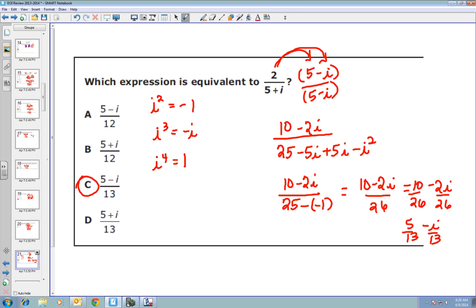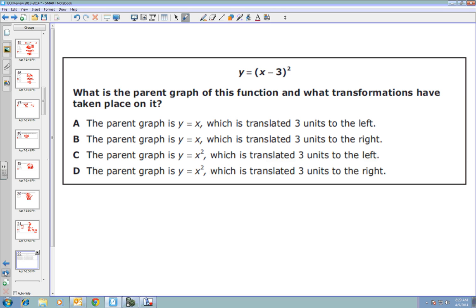All right, next one. They're going to start talking about graphs and parent graphs. What is the parent graph of this function and what transformations have taken place on it? So look at this one. When I graph this, and we could graph it, what am I going to get? It's a parabola. So what is my parent graph?